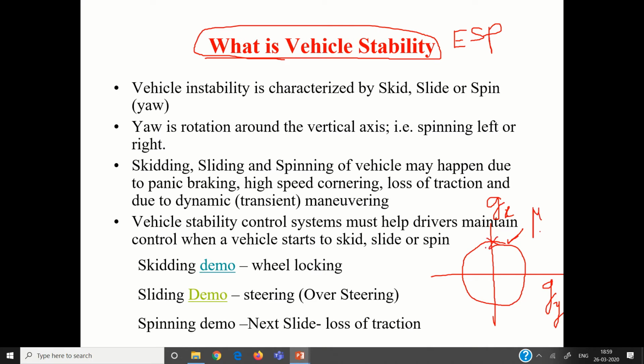So on a good road, the maximum acceleration possible is mu g, I said. That is the maximum limit, and even that is not possible. Maximum deceleration is also mu g. Maximum lateral acceleration possible is also mu g.